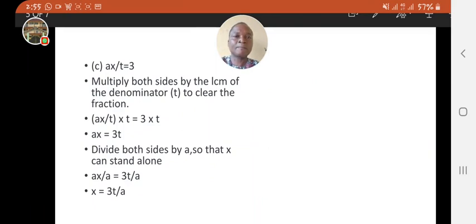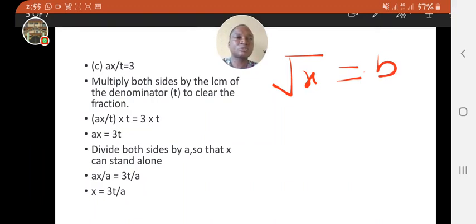Okay, now we have question D. Question D is root s equal to b.